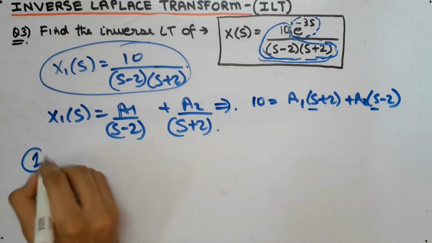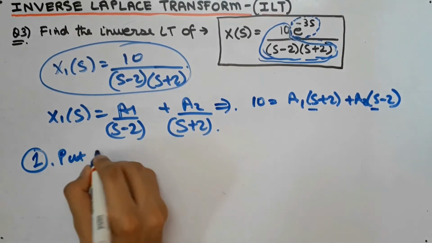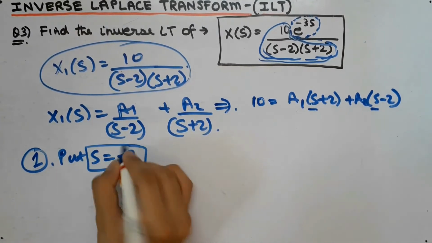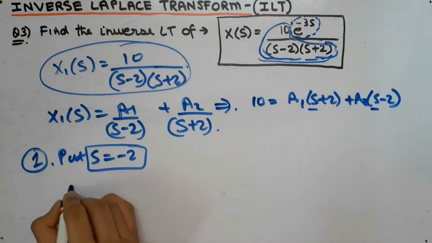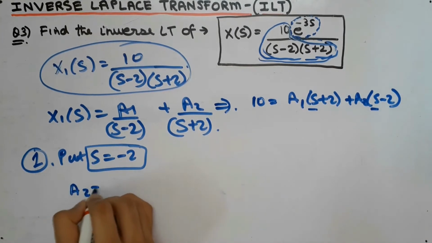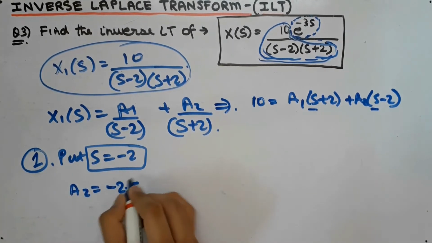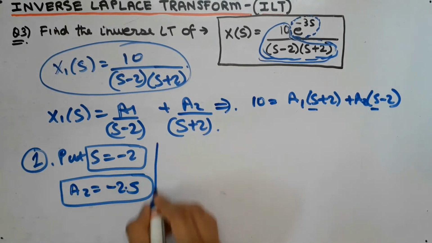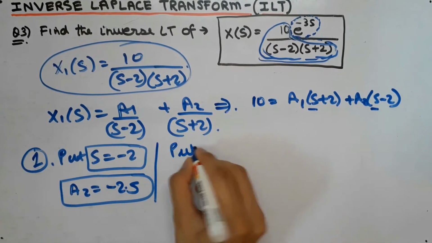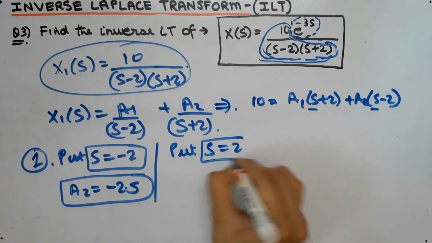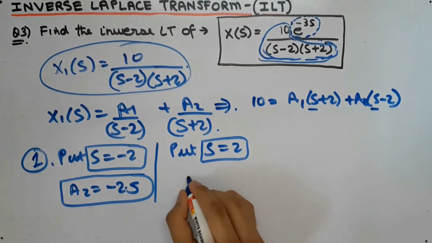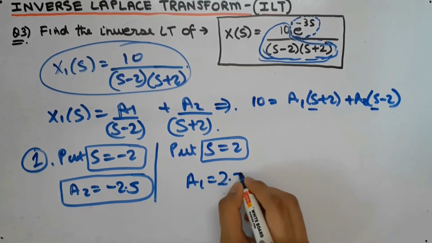First we put s equal to minus 2 in this equation. From there you will get the value of A2, which will come out to be minus 2.5. Similarly we put s as 2, and you will get the value of A1 as 2.5.